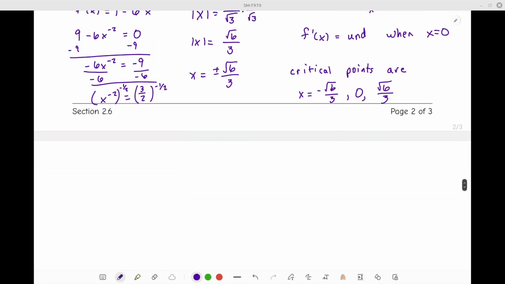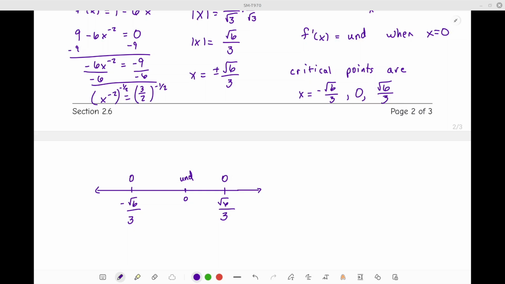So that means if I do a number line with the critical points on it, and we're equal to 0 right here, 0 right here, undefined right here, that we just need to pick 4 test points.